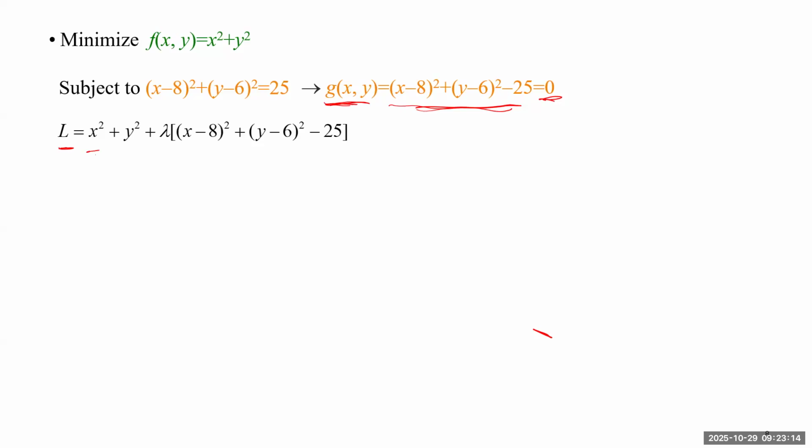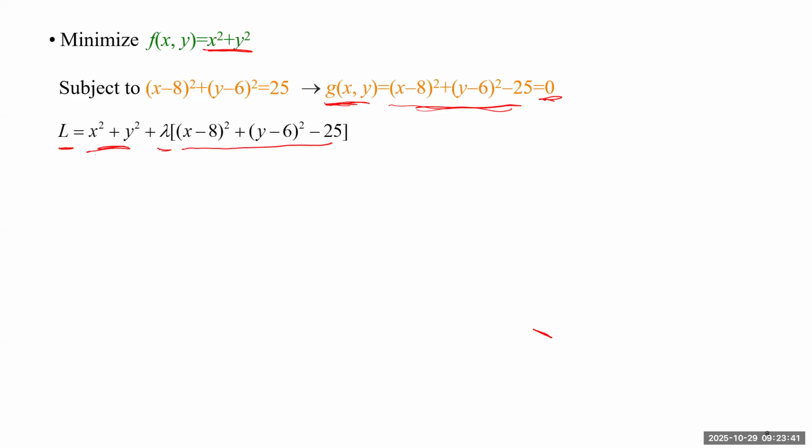The first part is exactly everything from the nonlinear cost function, and the second part is g(x, y) multiplied by the multiplier lambda. Because in this case we only have a single equality constraint, we only need one lambda. If you have two constraints, you need two lambdas. So this is L.